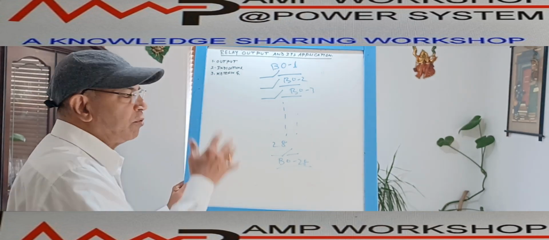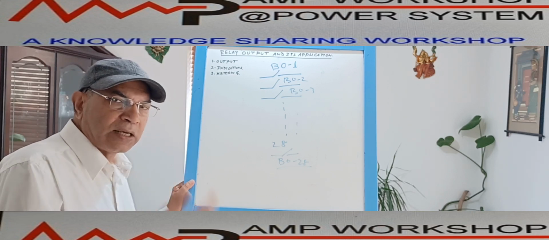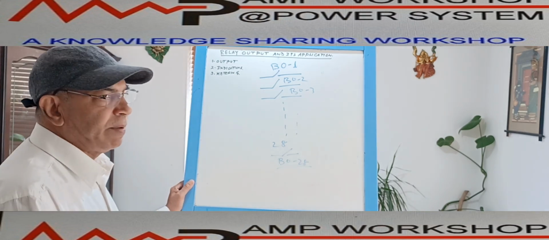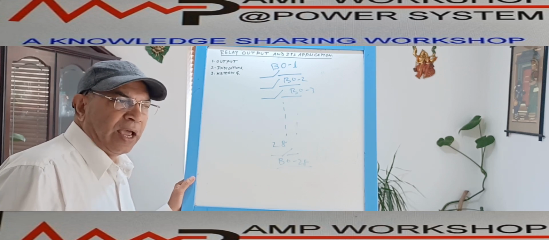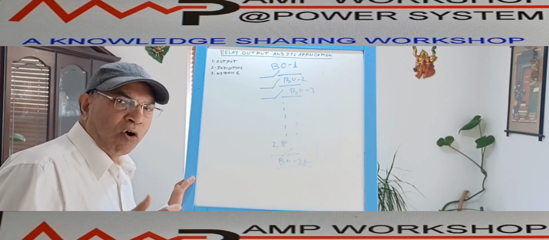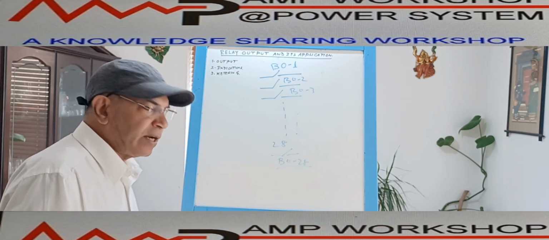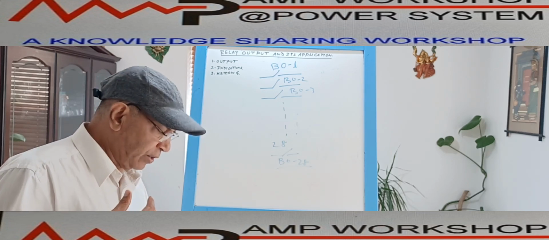Now, how will these binary outputs be used in the switchgear control schematics? In the control schematics we have already discussed the closing circuit, tripping circuit, alarm indication circuit and auxiliary relay circuit. In all these circuits we can use the binary output suitably by proper configuration.